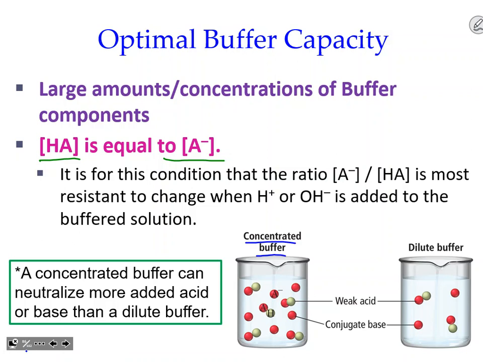That means it can withstand more of the attack from an H plus or an OH minus. So a concentrated buffer can neutralize more than the dilute buffer. So in order to have optimal buffer capacity, you need to have large amounts, large moles of your buffer components, which would be the acid and its base, or the base and its acid. And you want to get that ratio as close to equal as possible.